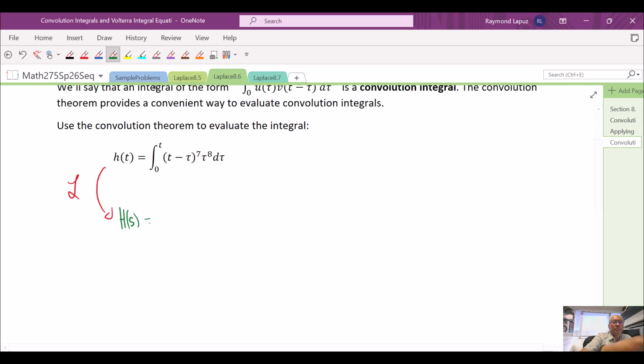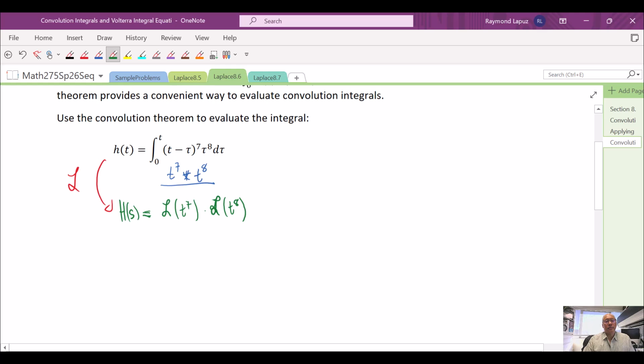And this, by the way, we can identify back in the real world as the convolution of t to the 7th with t to the 8th, right? So that's all that is. So in the Laplace world, this would be equal to the Laplace transform of t to the 7th times the Laplace transform of t to the 8th.